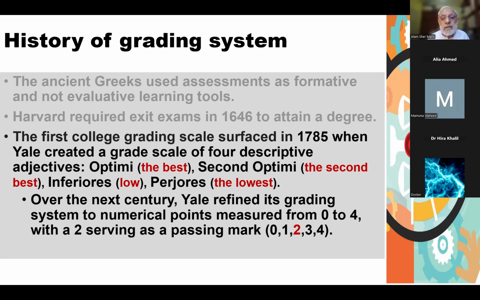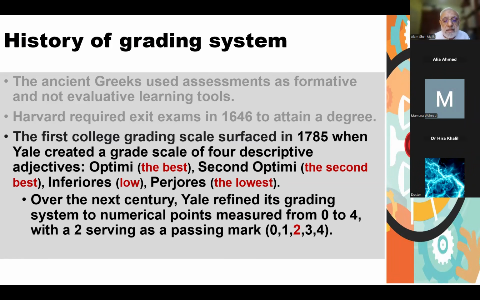More than 100 years later, Yale University created a grade scale of 4 descriptive objectives: optimi, second optimi, inferiores, pejores, meaning the best, the second best, the low, and the lowest.